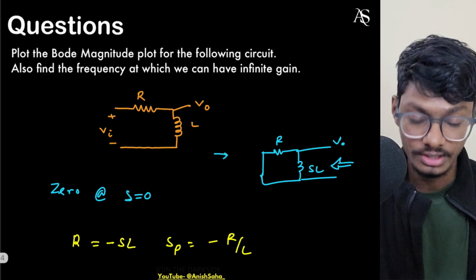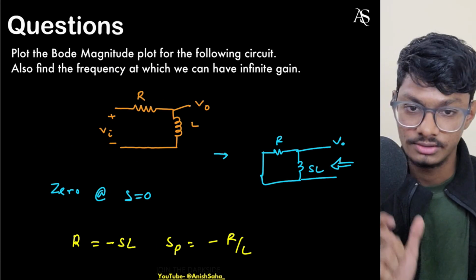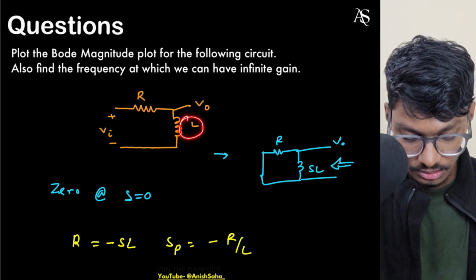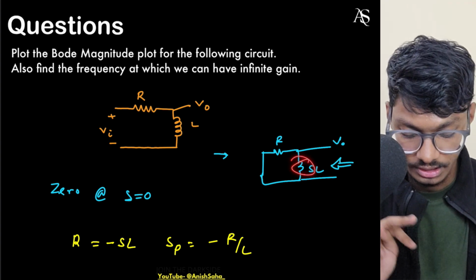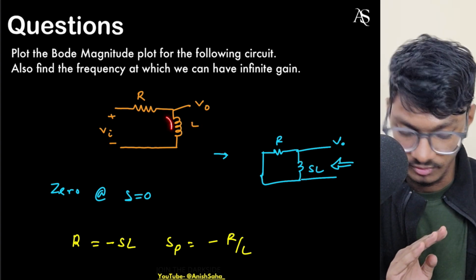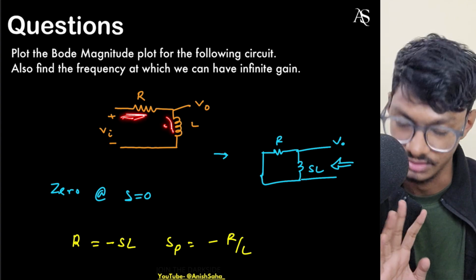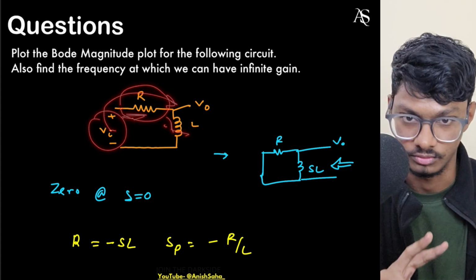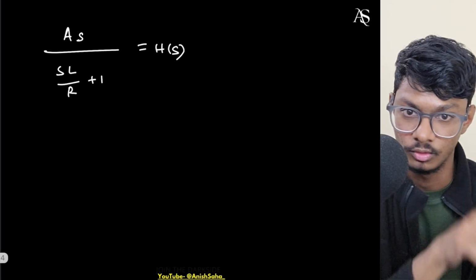So how do we find the value of A? What you can do is find the high frequency gain. So at high frequency, what is happening? At high frequency, the inductor gives me infinite impedance. Hence no current will flow through here, and these two are in series, hence no current is flowing through the resistor. So the drop across it is 0, hence Vi will directly come across the output. So my high frequency gain is Vo equals Vi.